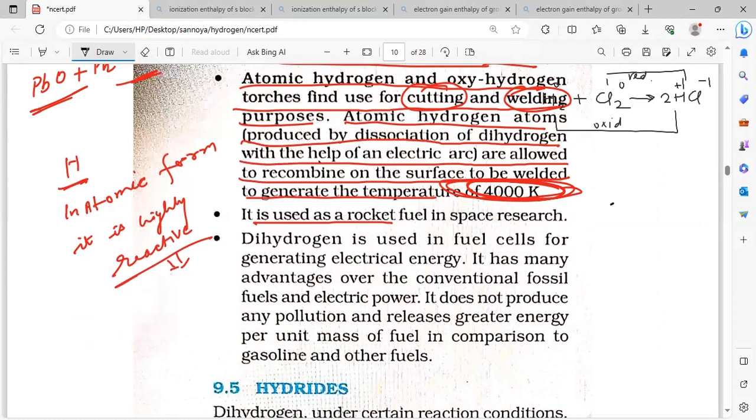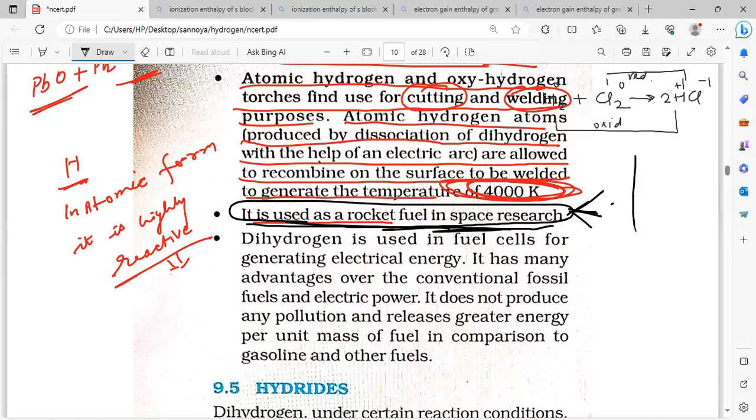Okay, thank you. Here you see, it is used as a rocket fuel in space research. Whatever we are sending now to the moon, Chandrayaan, has different types of fuel. Suppose this is the rocket.